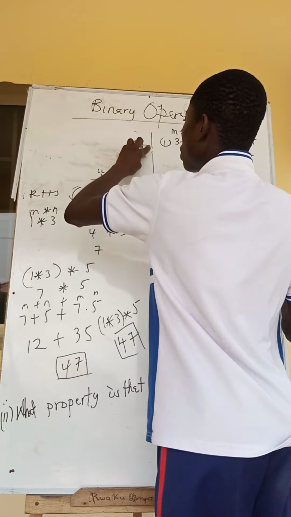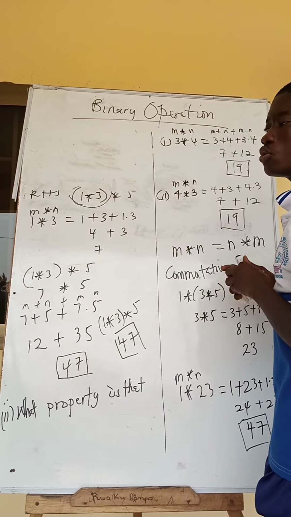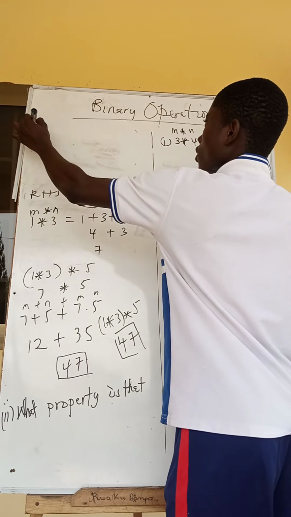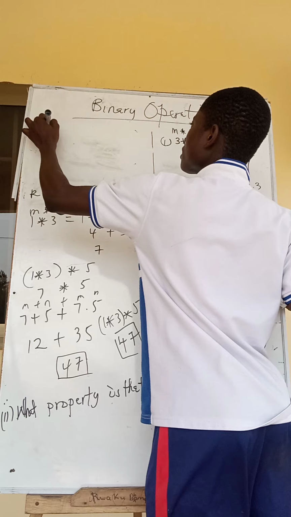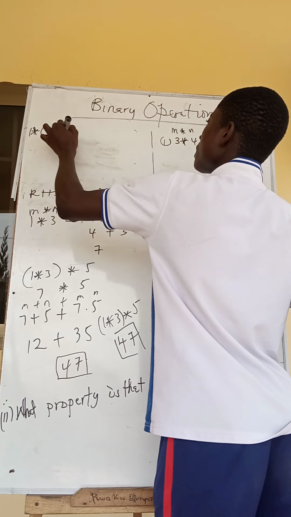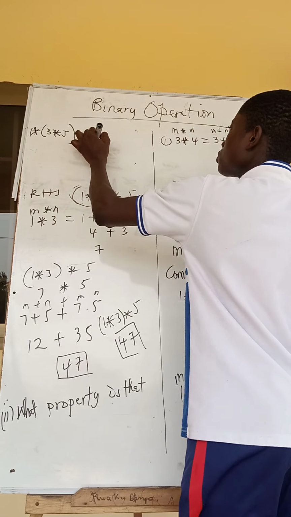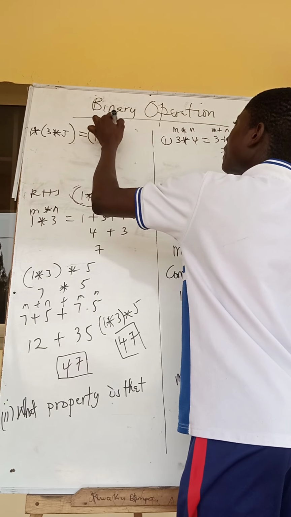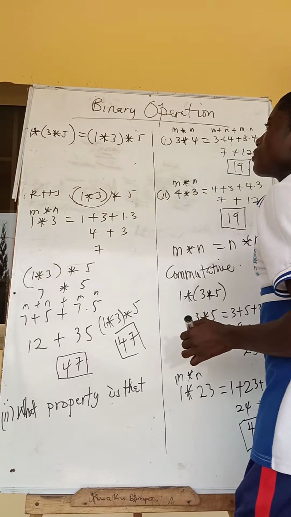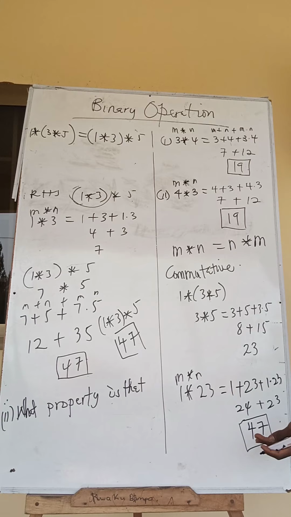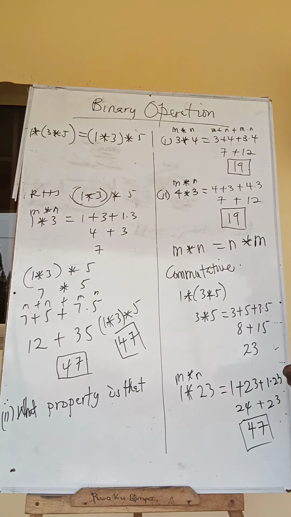So you can see that, if we want to conclude, we can conclude by saying 1 star (3 star 5) is indeed equal to (1 star 3) star 5. And we've been able to prove that. So they're asking, what property is that?